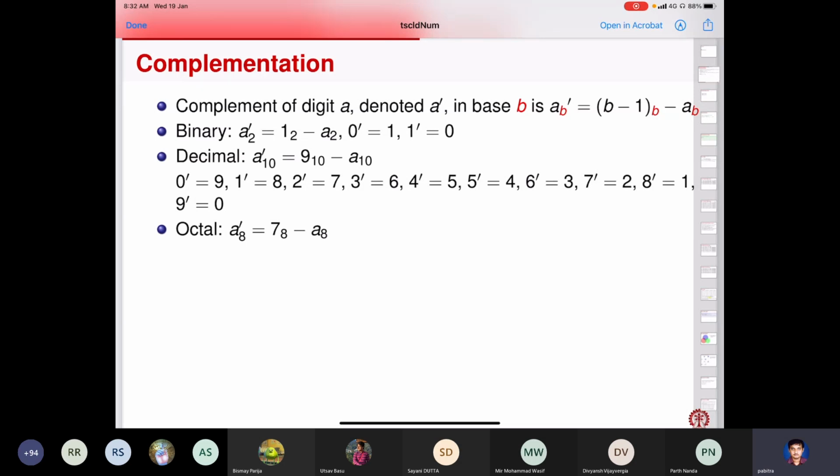Similarly, in octal, where the highest digit is 7, you subtract A from 7. By the way, if you subtract A from 7, it's not decimal; it's the octal representation of the complement of A. So you have to subtract in that particular base, and the representation you get is also in that particular base.